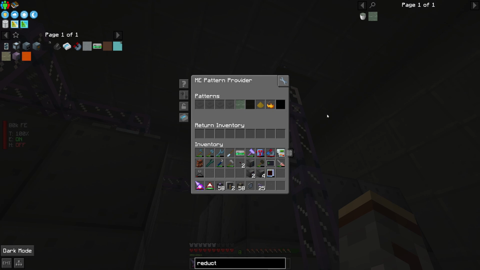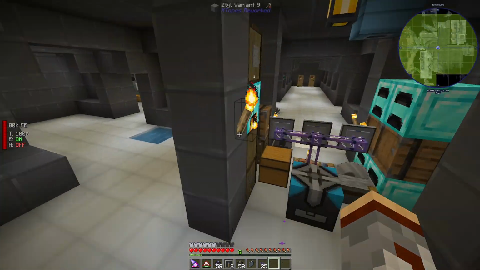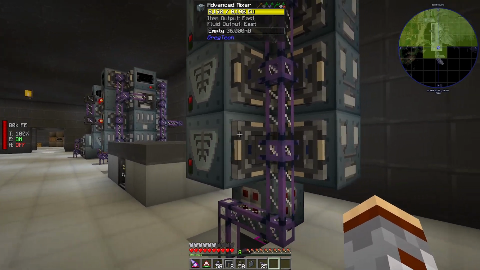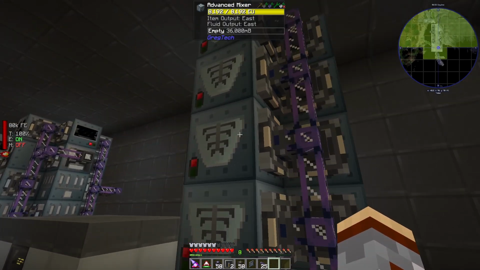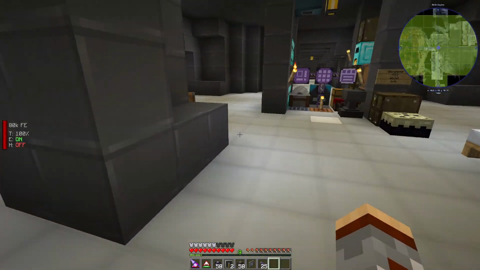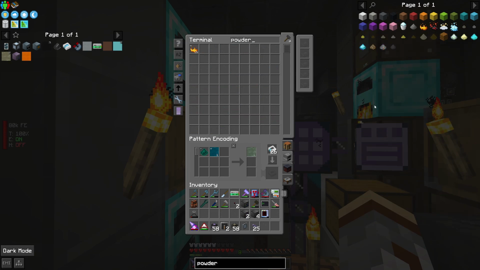Okay. Anyway, we'll figure that out. Yeah, I did take the time to set up a tower here with mixers and reactors for the powders and the dust. So maybe we can see about getting that set up real quick.